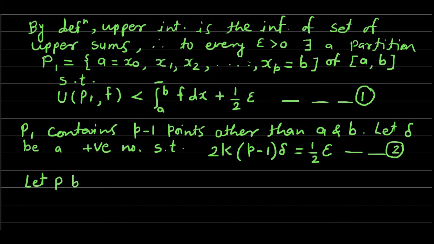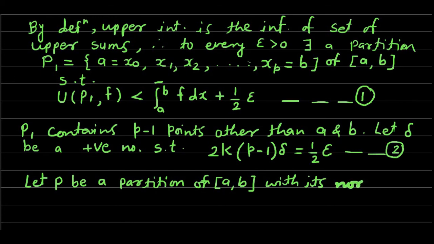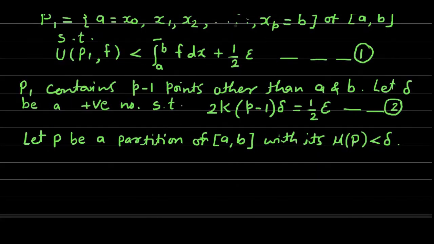Let P be a partition, obviously, of the closed interval a to b, with its norm less than delta. With its norm, that is mu of P less than delta, like such we have considered the partition P.